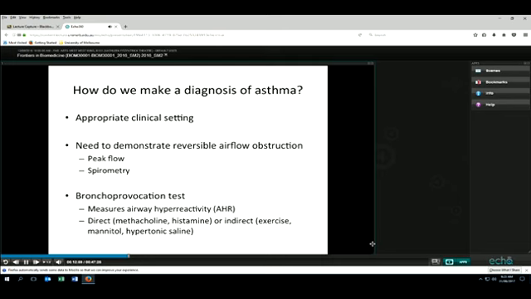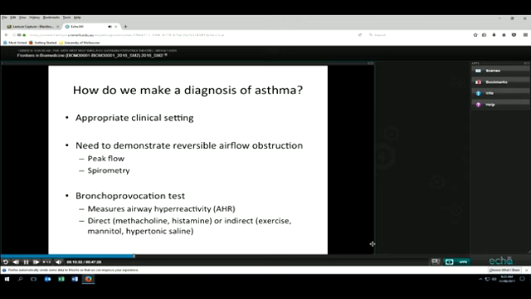The demonstration of airflow obstruction is generally done with the FEV1. So respiratory function tests, or particularly spirometry, and this can be both direct, where we're actually looking to irritate or stimulate the already irritable airways, either with histamine or methacholine, which irritate the effector cells in the airways, or it can be indirect bronchoprovocation, either exercise or hypertonic saline.